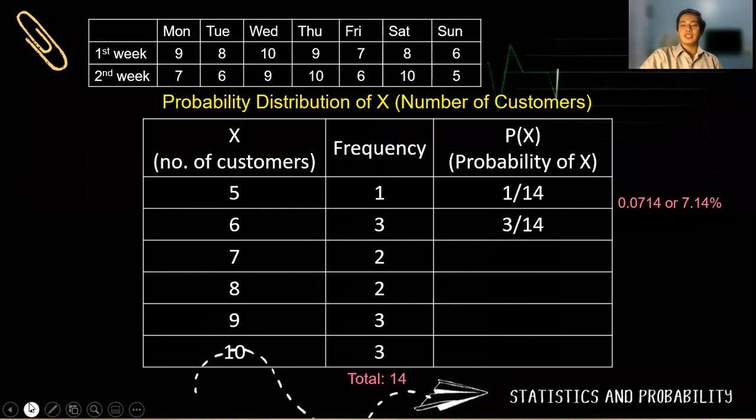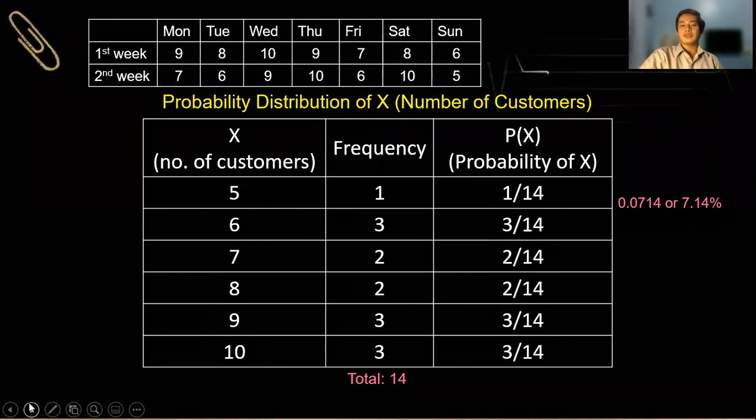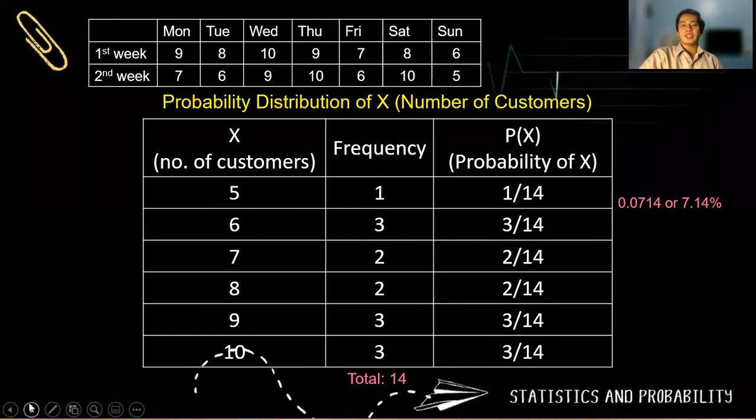Then 3 over 14, 2 over 14, 2 over 14, 3 over 14, and 3 over 14 respectively. Notice that all of the given examples possess the first property, in which all the probabilities of the random variable X are between 0 and 1.